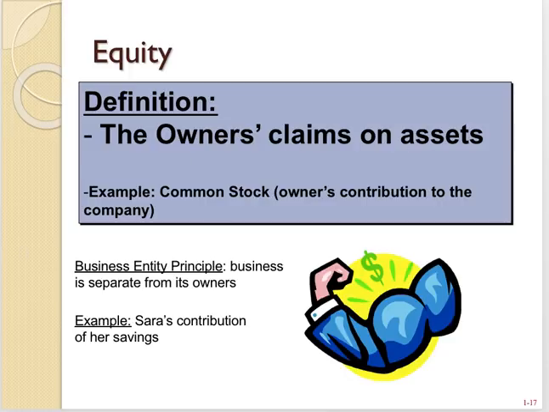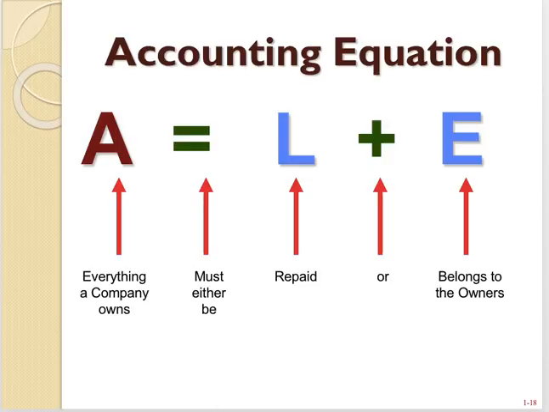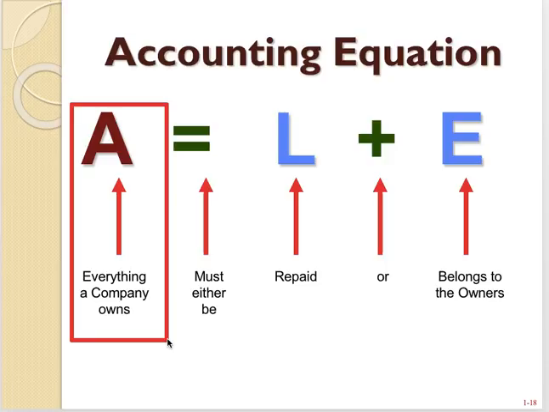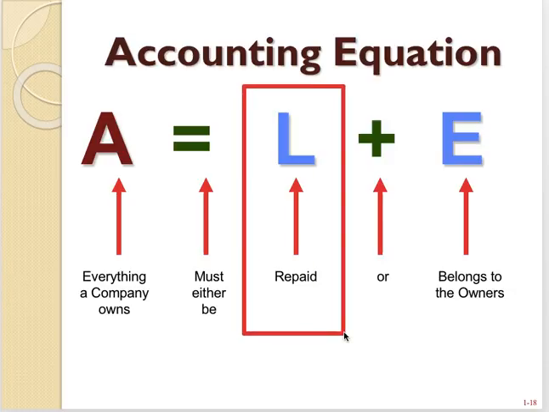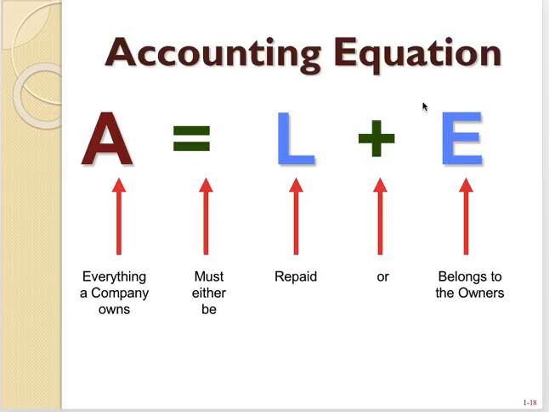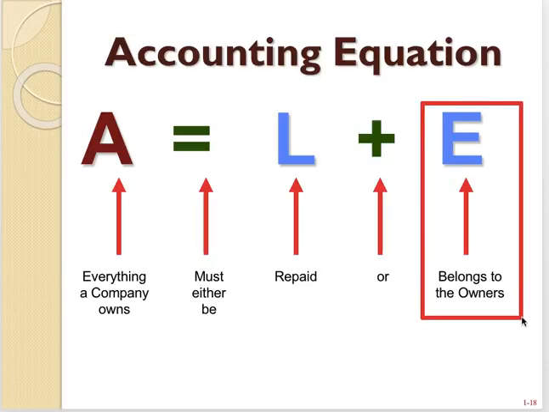So what that tells us when we look at the accounting equation is that assets, which is everything that the company owns, can actually be claimed by either the creditors, which is a liability, meaning it needs to be repaid, or it must be claimed by the owners, which is equity. Okay.